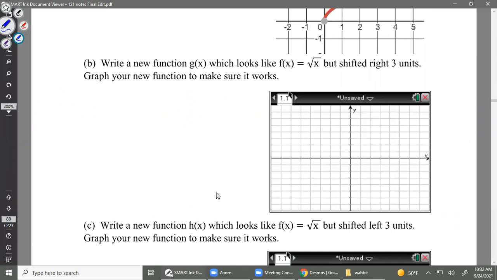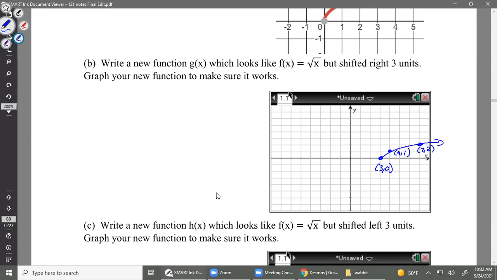So if I'm graphing this, moving to the right, I have 3, 0, 4, 1, and then 7, 2. So it looks like this.